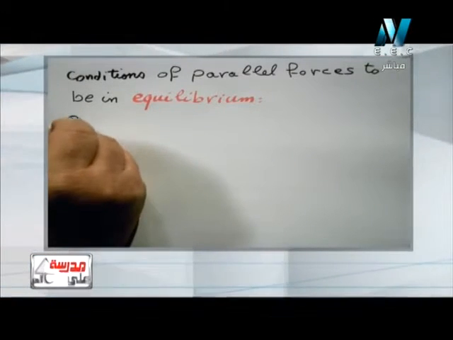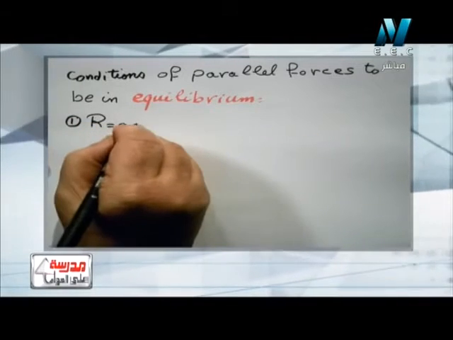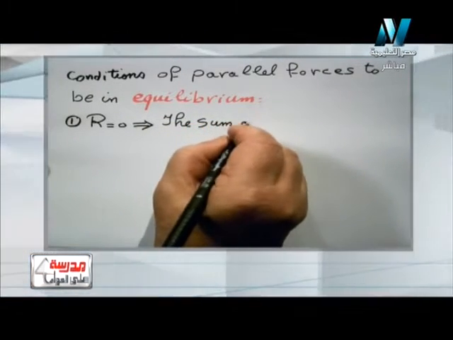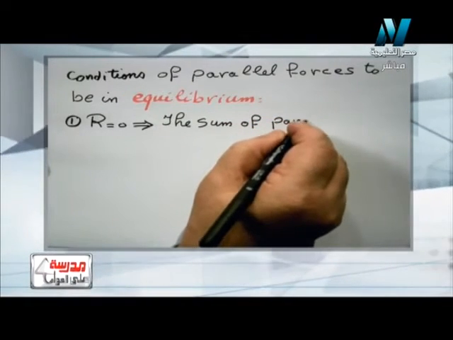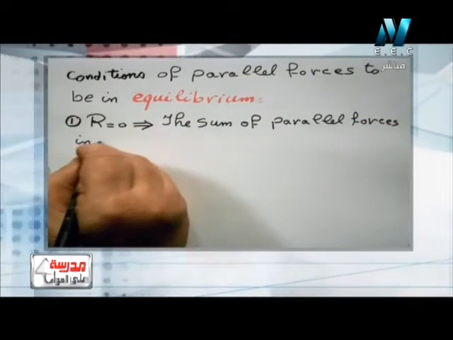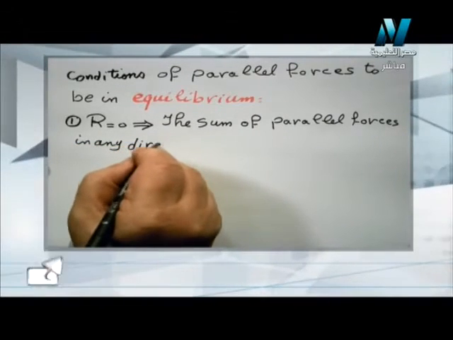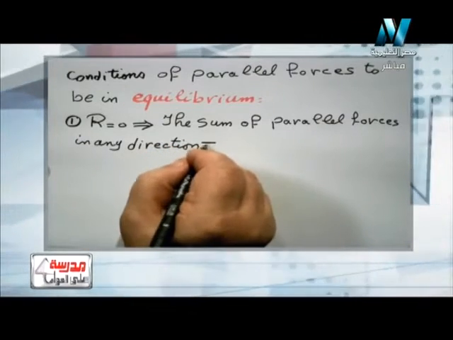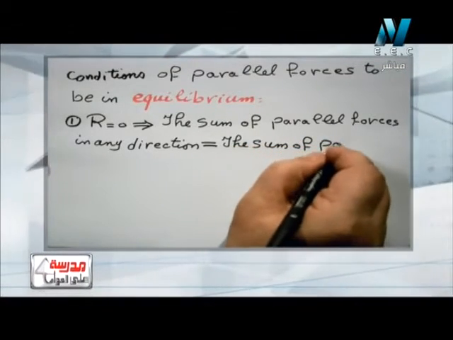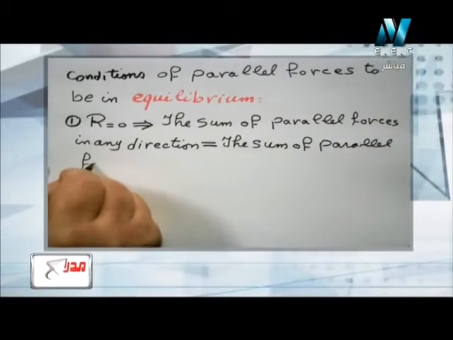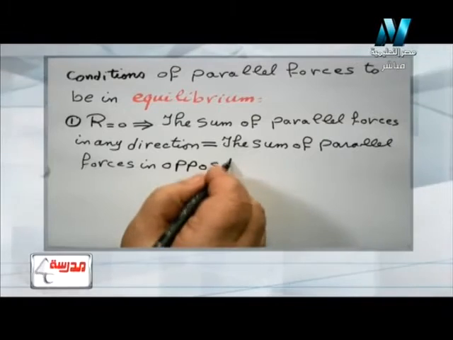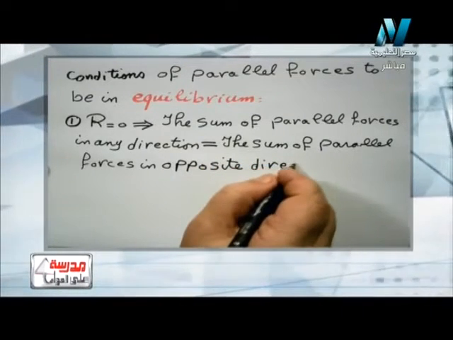Number one, R equals zero, which means that the sum of parallel forces in any direction equals the sum of parallel forces in the opposite direction.